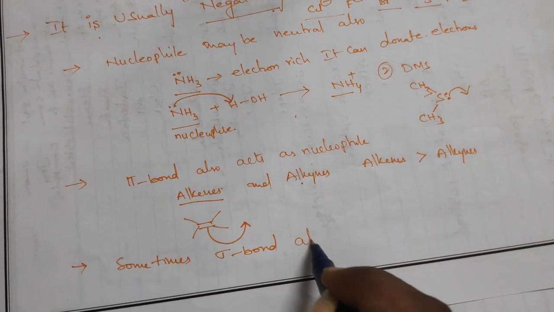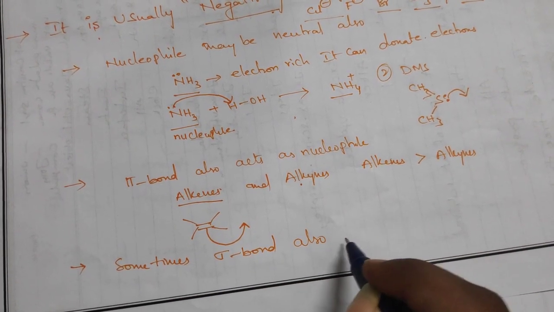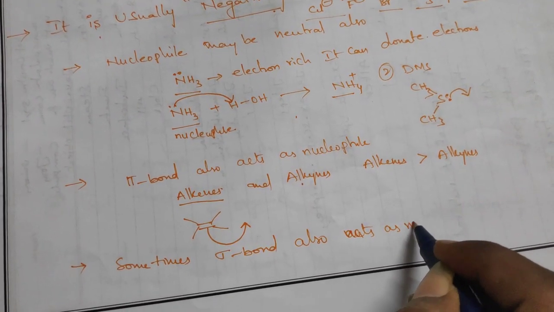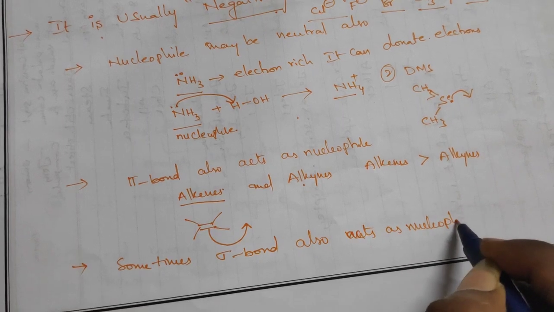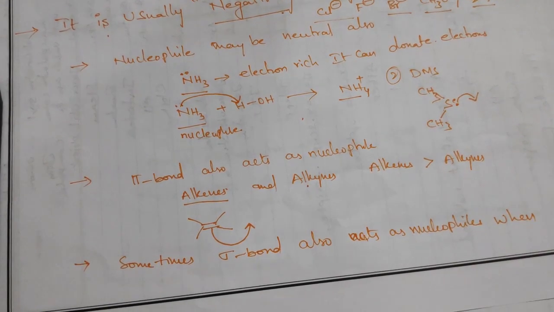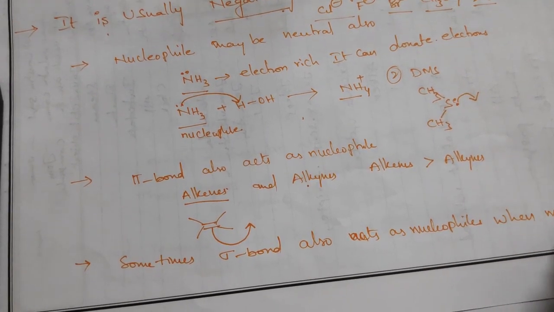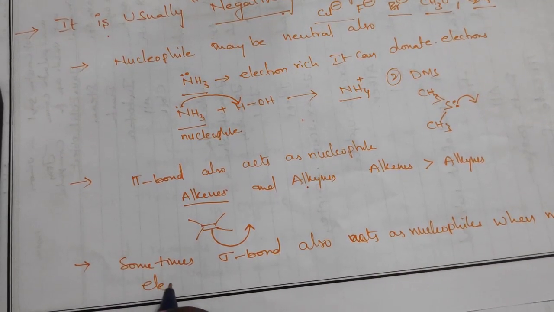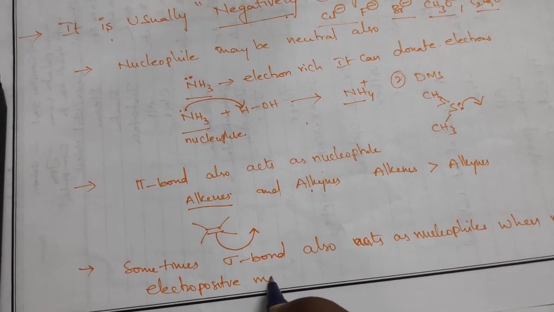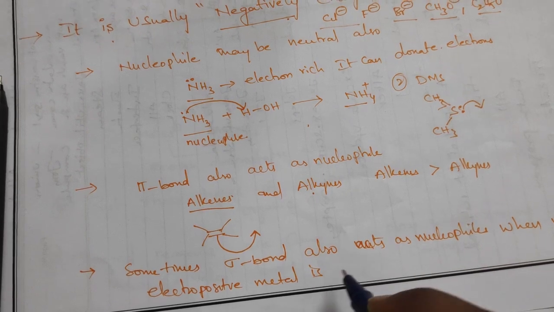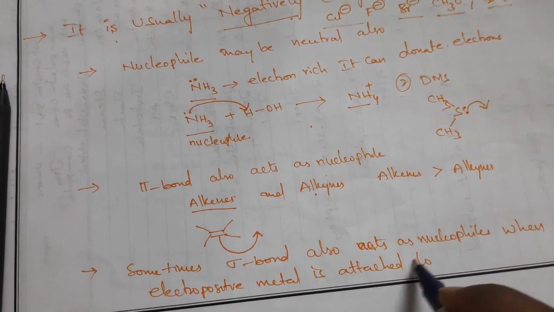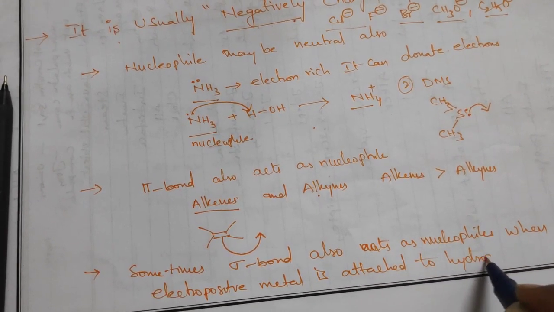A sigma bond acts as a nucleophile when a more electropositive metal is attached to a hydrocarbon.